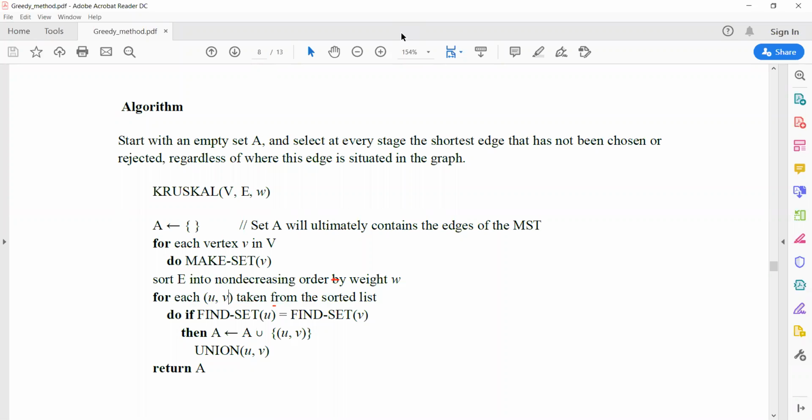Like 3,4 was an edge which had a cost of 1, right?